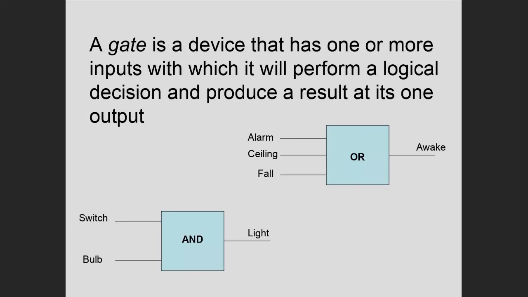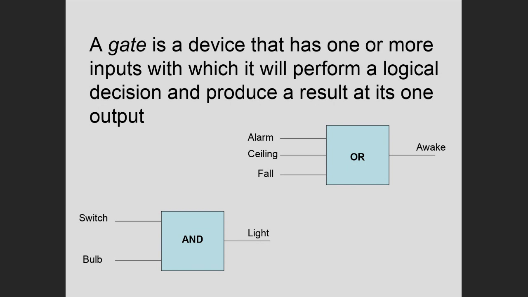We know we can do logic, or perform logic, electrically with switches. We know that. That's how it used to be done. In the very beginning, logic was done with switches, and then we moved to electromechanical relays, and now logic is done with gates. I want to talk about, well, what is a gate?